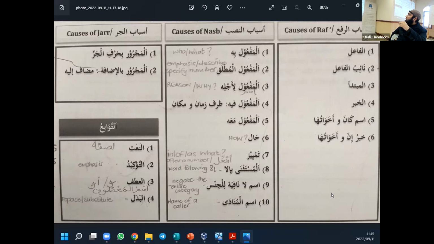And then you have the المجرور بالإضافة, a word being in حالة الجر because it is a مضاف إليه. Again, I could do a lesson there where the مضاف إليه is a مبني word, something like الذين or ما, right?